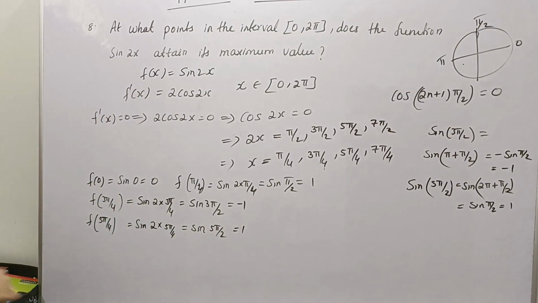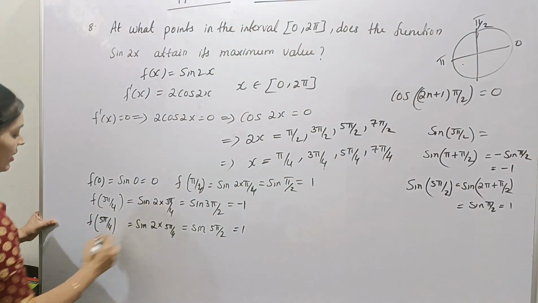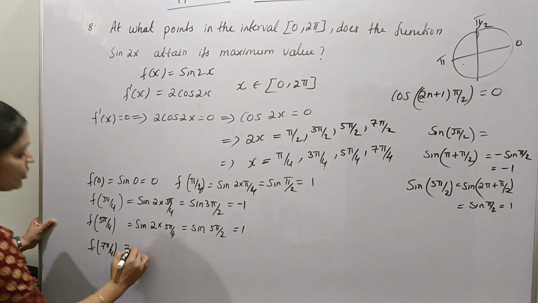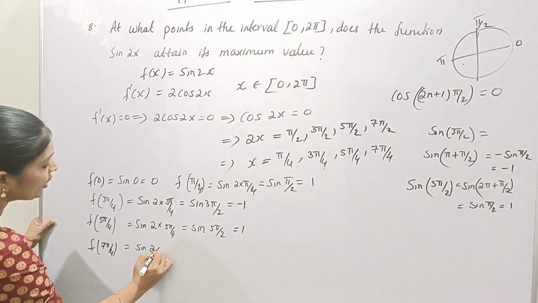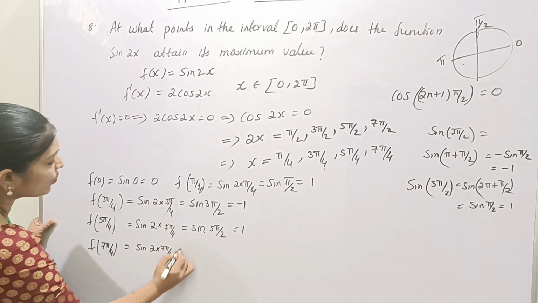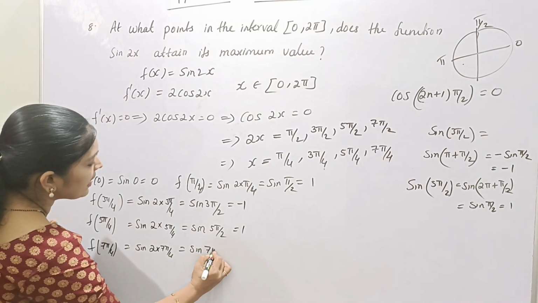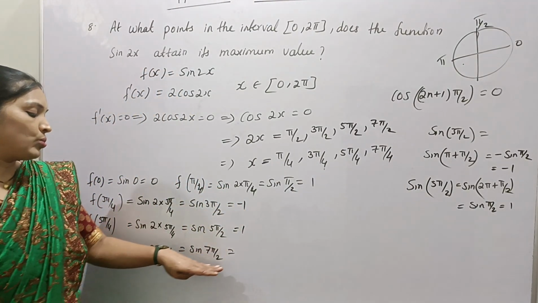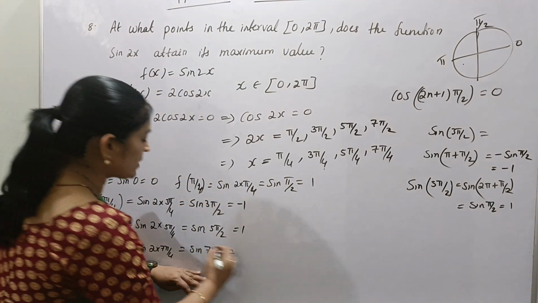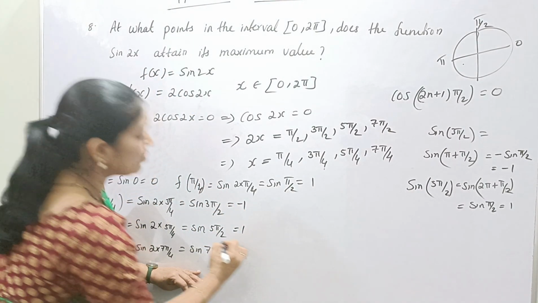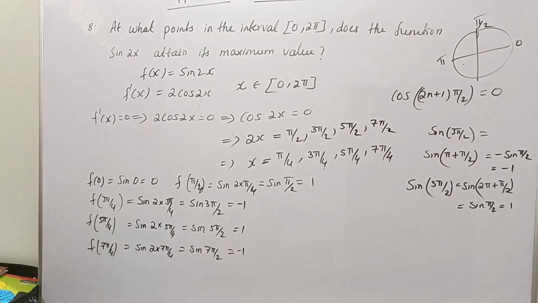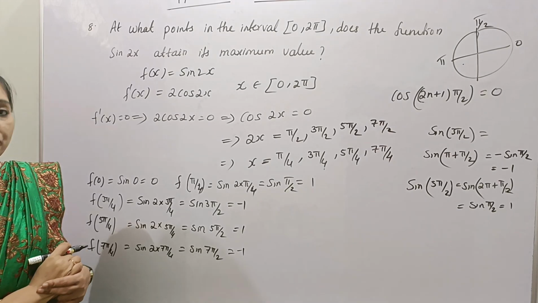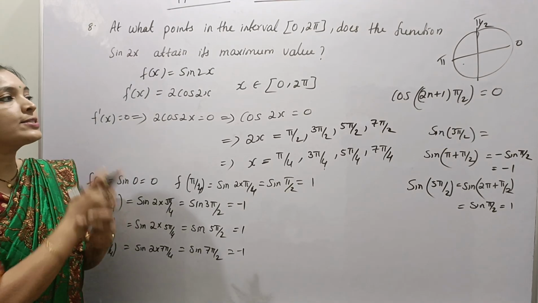Again next, f of 7 pi by 4. That is equal to sin 2 into 7 pi by 4, that is sin 7 pi by 2. In the same method we can find it, so here you will get minus 1. Sin 7 pi by 2 is equal to minus 1. Next, last value, the maximum value of x, that is 2 pi.